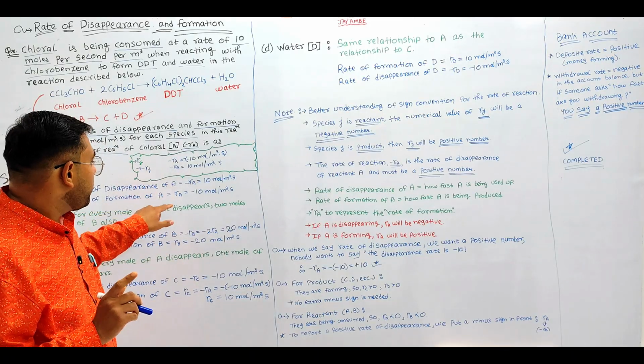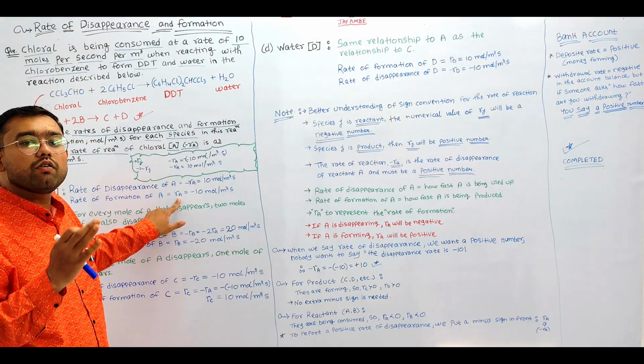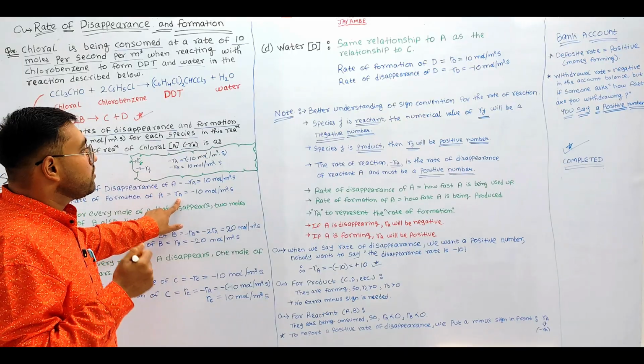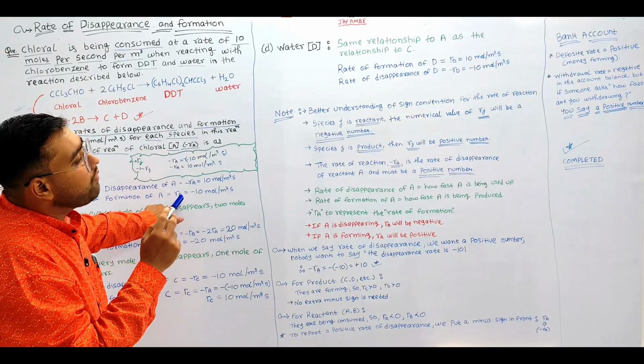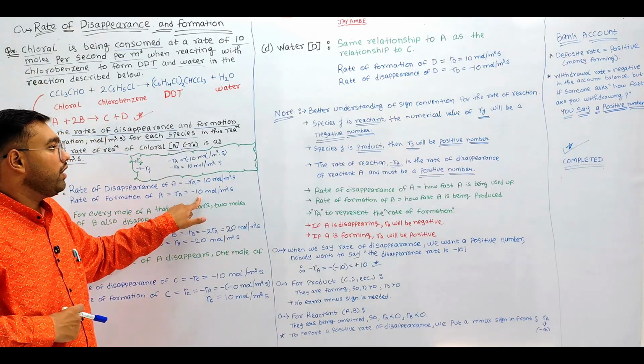The numerical value of Rj, where J means any species, and here we are discussing with respect to reactant, which is A, will be a negative number.